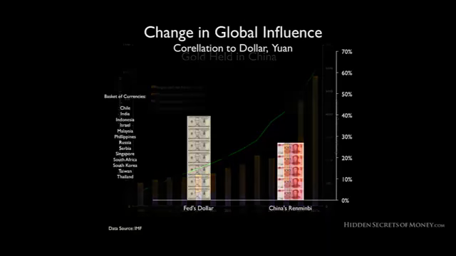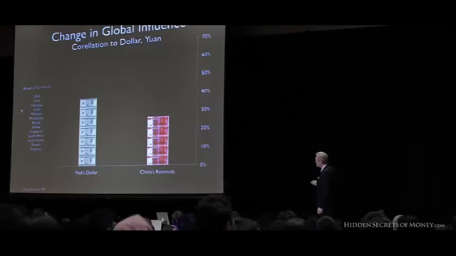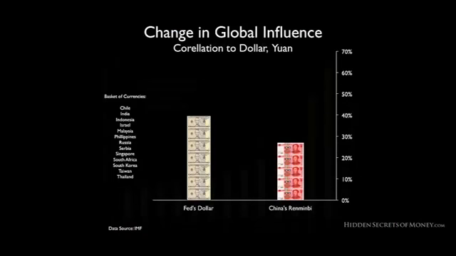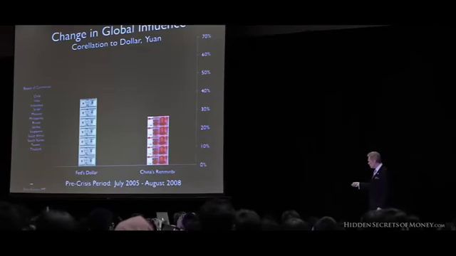So this is an interesting chart. Change in global influence. So this is the correlation to this basket of currencies. This basket of currencies, if you add them all up, they're trading up or they're trading down. And this was pre-crisis, so it's before 2008. This is from the International Monetary Fund. It's their data.